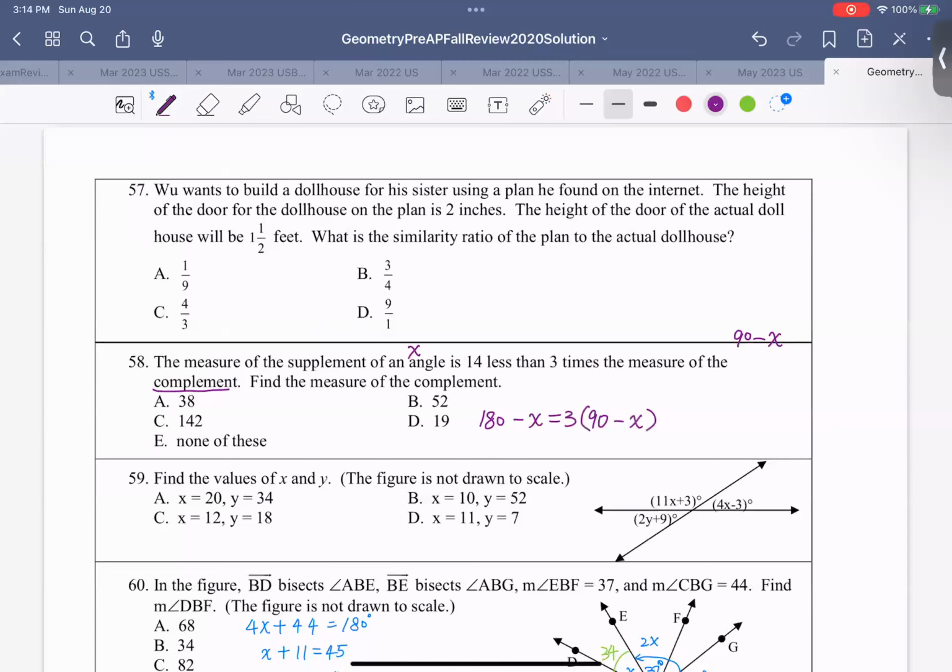This guy is 14 less than, so what's your equation? What should you put here? Minus 14. Yes. Now go solve it.